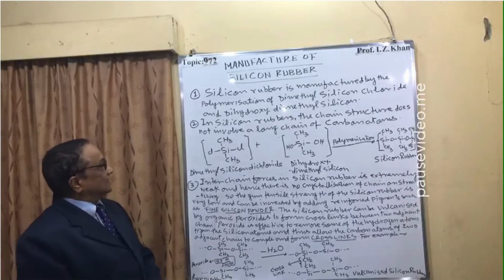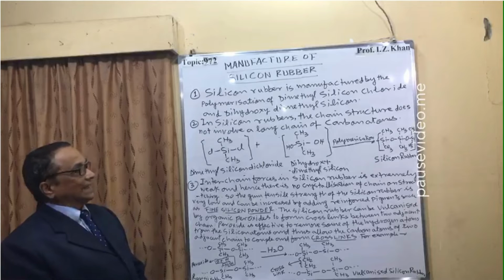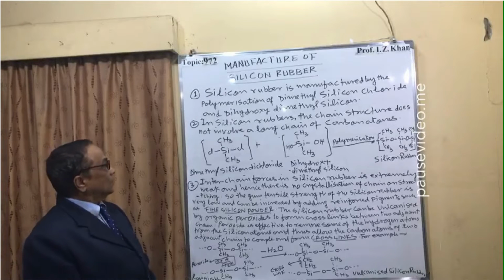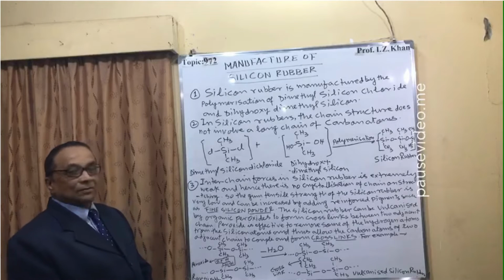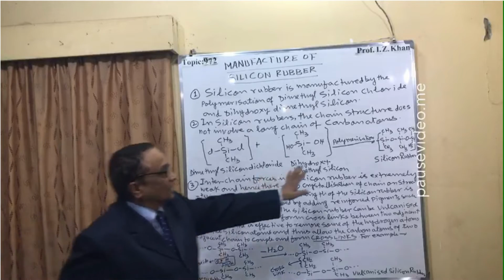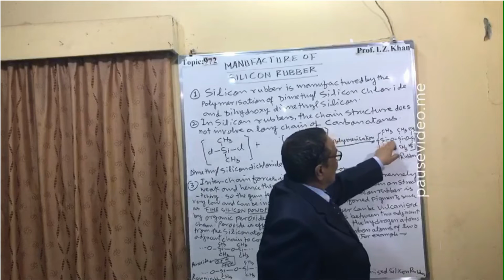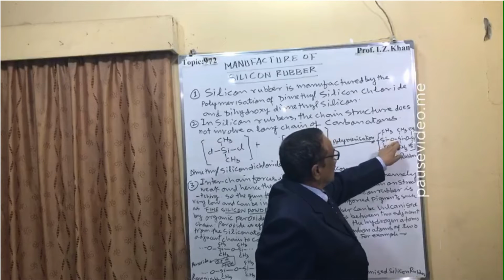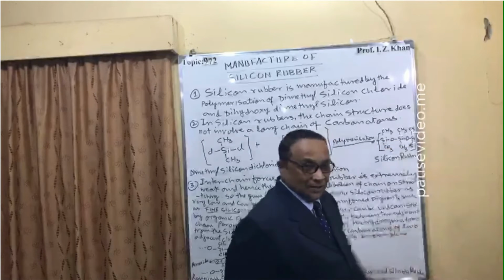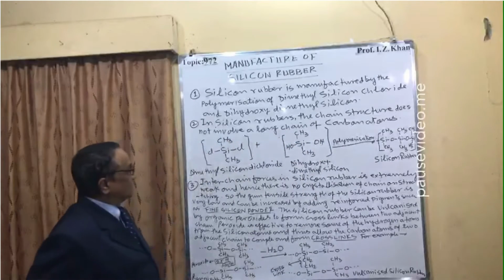Number two, in silicone rubbers, the chain structure does not involve a long chain of carbon. There is nothing like a long chain of carbon; rather it is the sequence of silicon, oxygen, silicon, oxygen, silicon, oxygen type of arrangement.